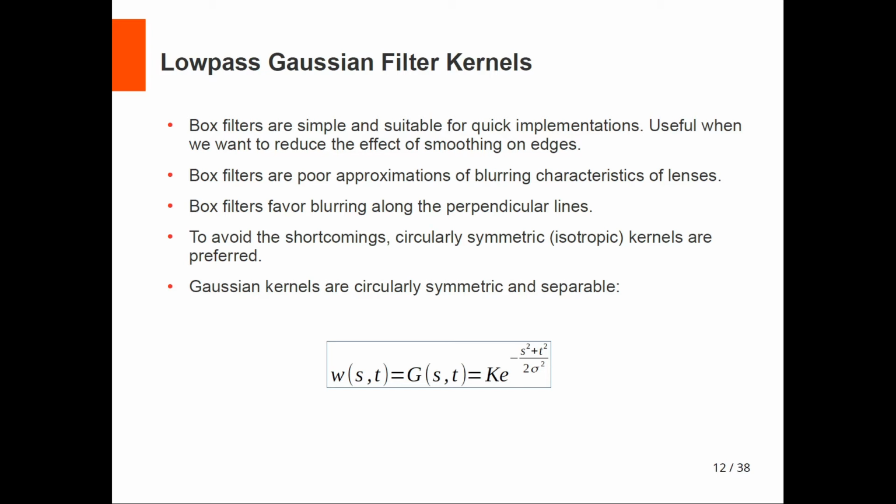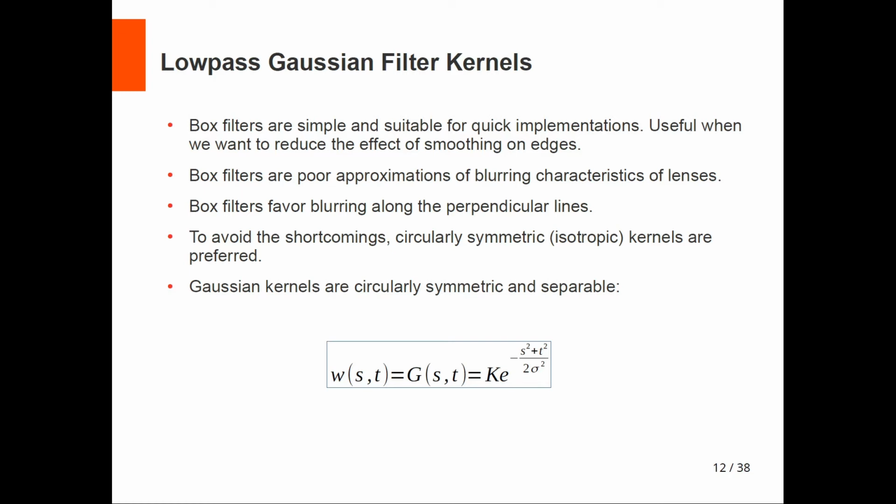Box filters are generally poor approximations of blurring characteristics of lenses, and box filters also favor blurring along the perpendicular lines because there is a dimensionality associated with box filters. If you, for example, rotate the box filter 45 degrees, you don't get exactly the same filter as before.